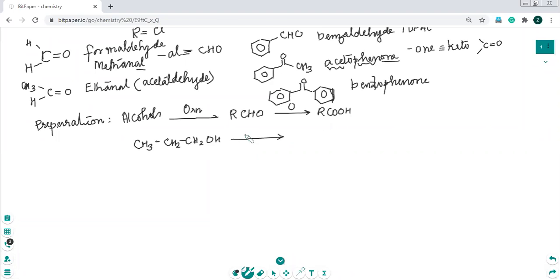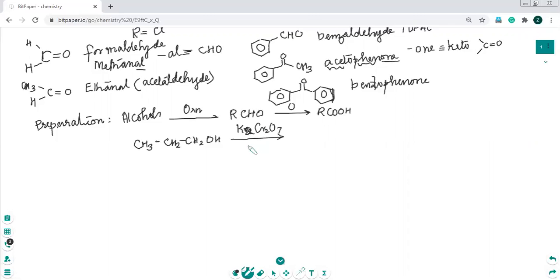I remember I was doing this a lot during my research work. I was doing this oxidation reaction many times using potassium dichromate, K2Cr2O7. A beautiful reaction.